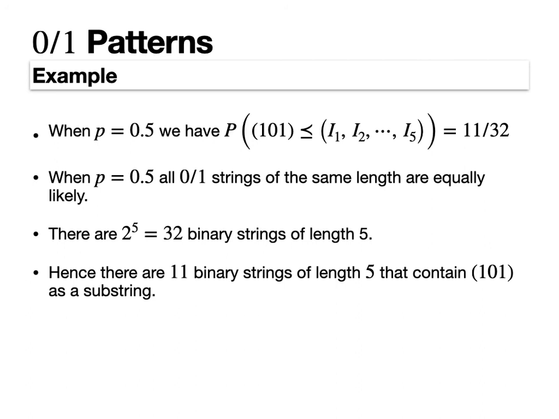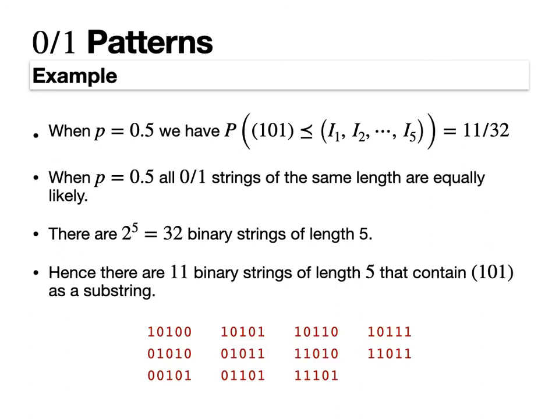But because when p is 0.5, zeros and ones are equally likely, all 0, 1 strings of the same length are equally likely. Now since there are 2 to the 5th or 32 binary strings of length 5, and since the probability that 1, 0, 1 is a substring of them is 11 over 32, that would mean that there are 11 binary strings of length 5 which contain 1, 0, 1 as a substring.